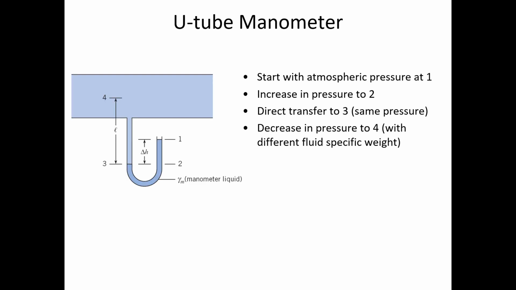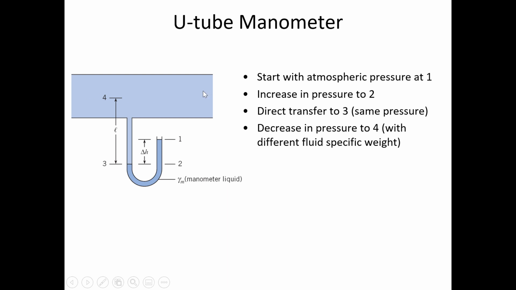So, a U-tube. This is different from the U-tube that we were looking at before. This is called a U-tube because it's a U-shaped tube. This is a manometer that avoids both of those limitations in a piezometer. What it does is it uses a different fluid than what's flowing through the pipe.